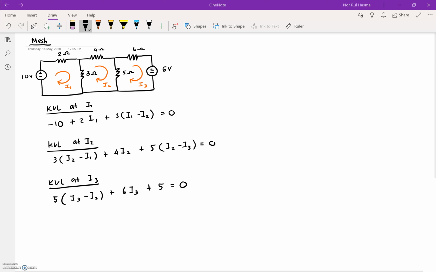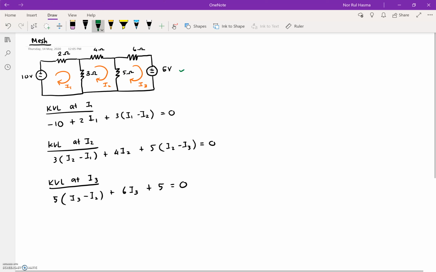And then after this, you have to group the equations and rearrange them for Cramer's rule, and then solve it using the calculator.